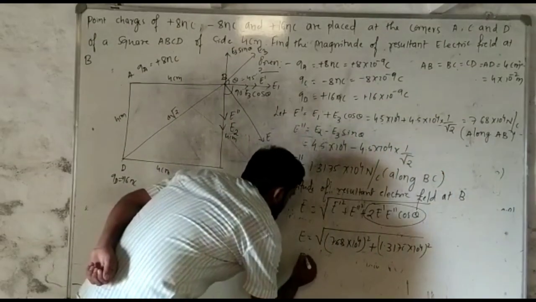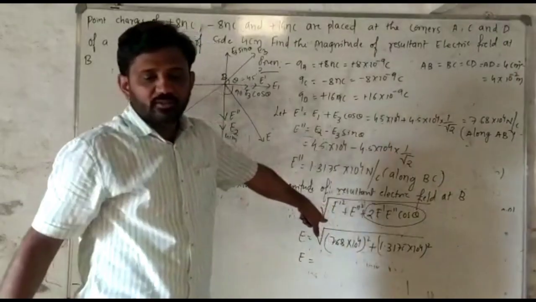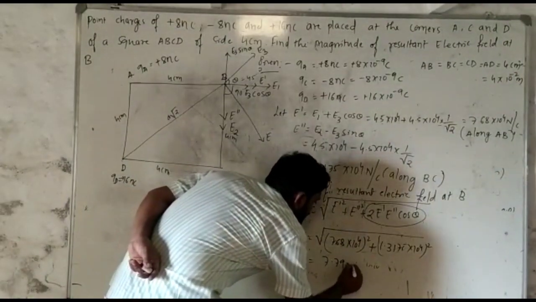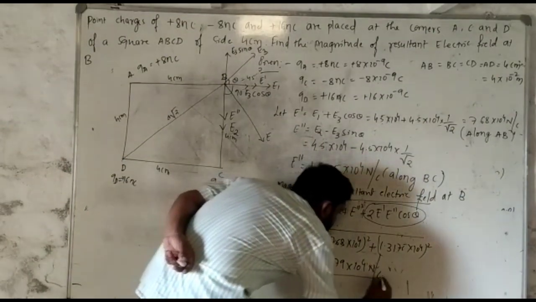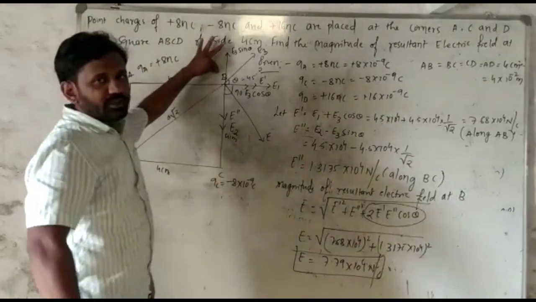Then simplify this one. We get E is equal to 7.79 into 10 raised to 4 Newton per Coulomb. This is the magnitude of the resultant electric field at B.